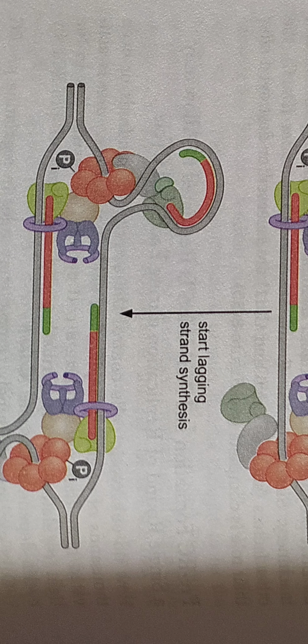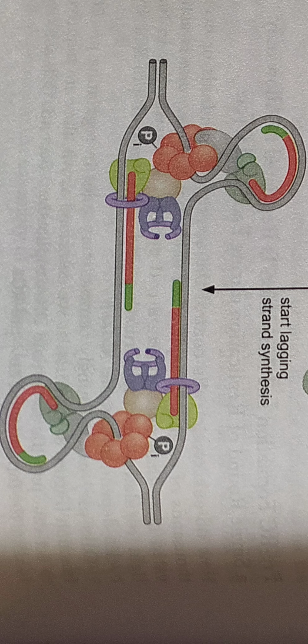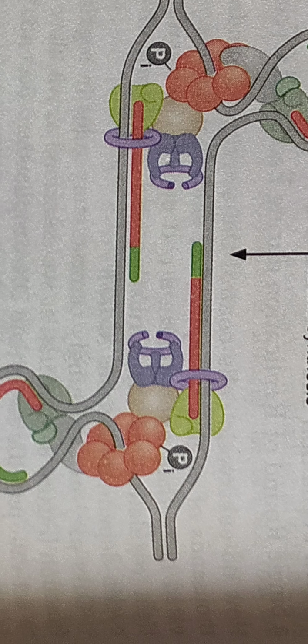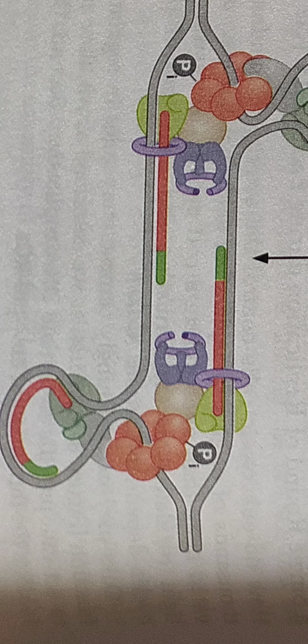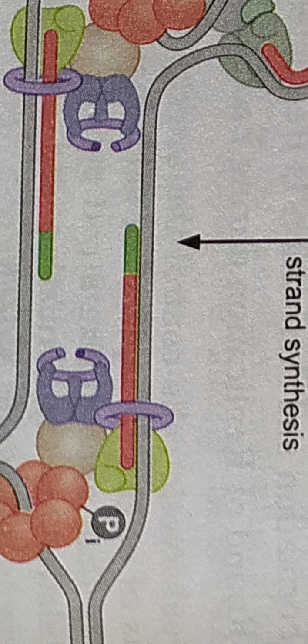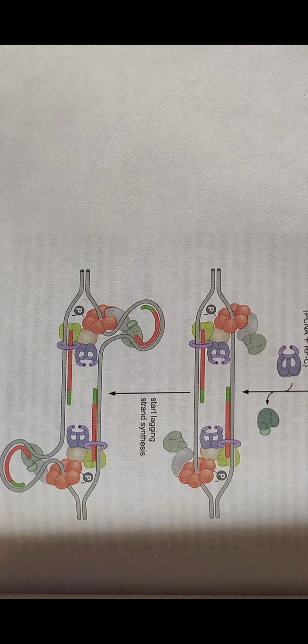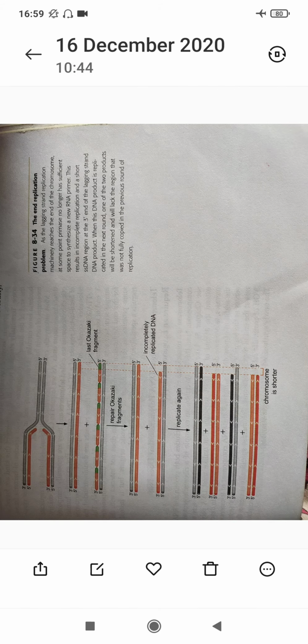You can see lagging strand synthesis occurring, whereas the leading strand synthesis is occurring quite smoothly. In this way eukaryotic replication begins.